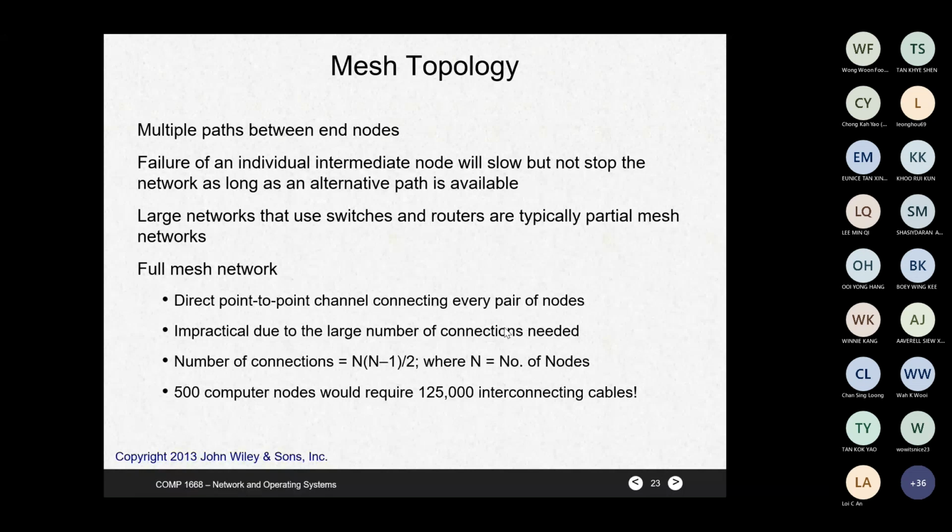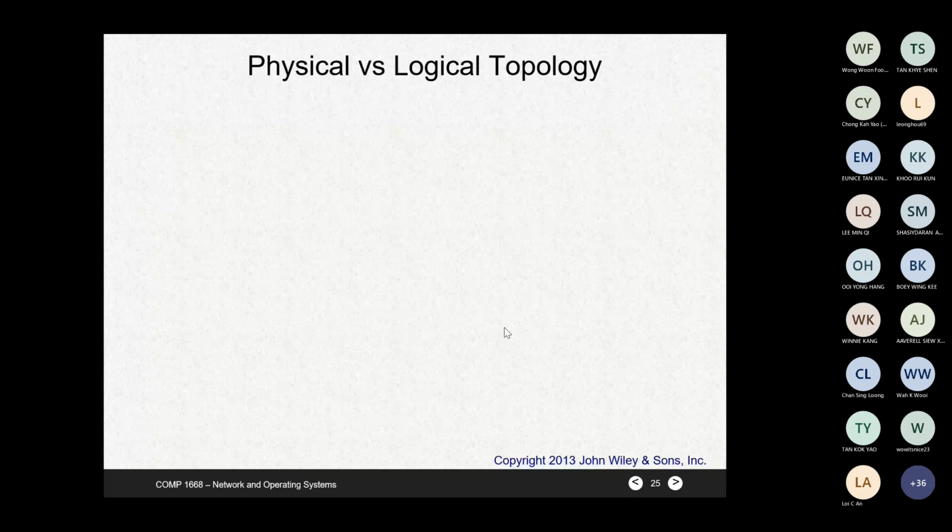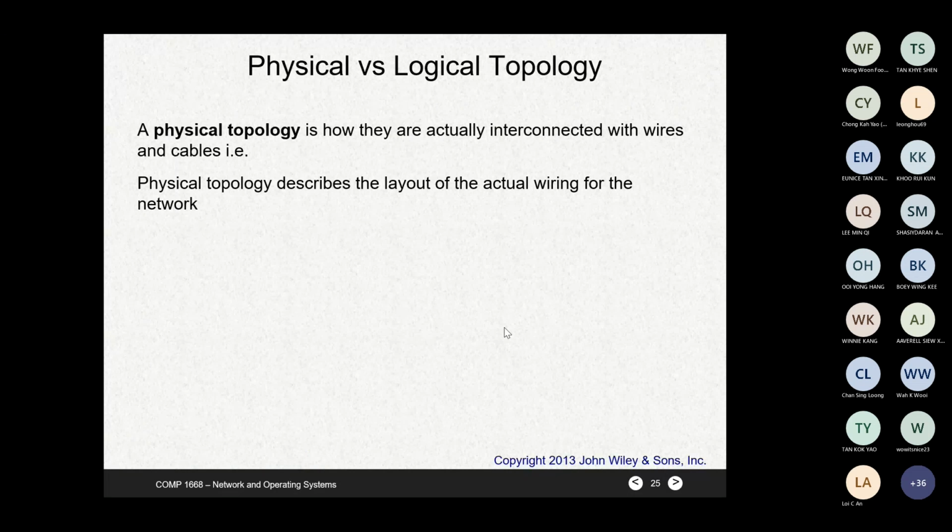There you will see various types of topologies being merged or combined, running as one network. So that's where you end up with mesh topology. This is an example of a 5-node full mesh network where you have ring and star combined together. Physical and logical: make sure you are quite clear with the terms, what is physical and what is logical.